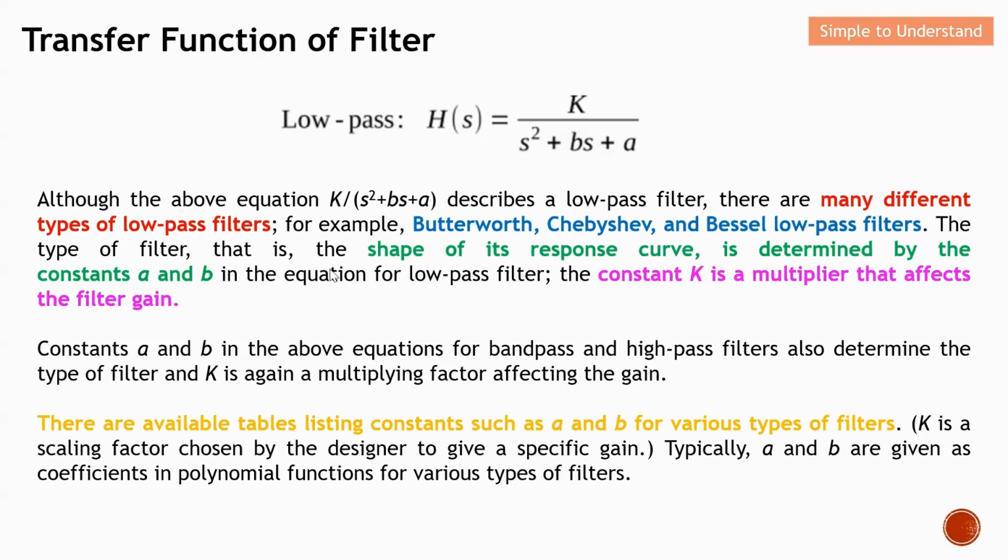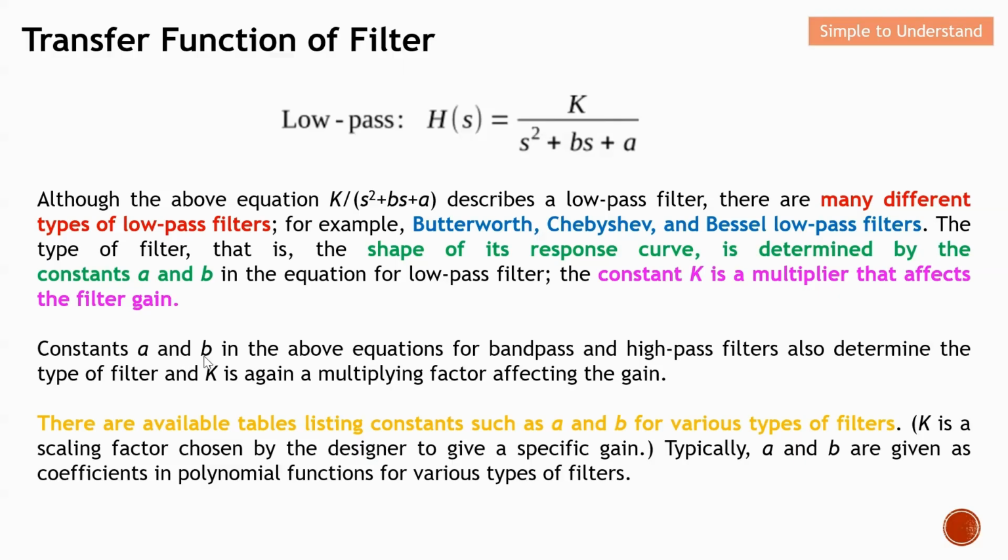The type of filter and the shape of the response curve are determined by the constants A and B in the equation for the low pass filter, and the constant K is a multiplier that will affect the filter gain. So A and B will determine whether it is a Butterworth, Chebyshev, or Bessel low pass filter, while the constant K will affect the filter gain.